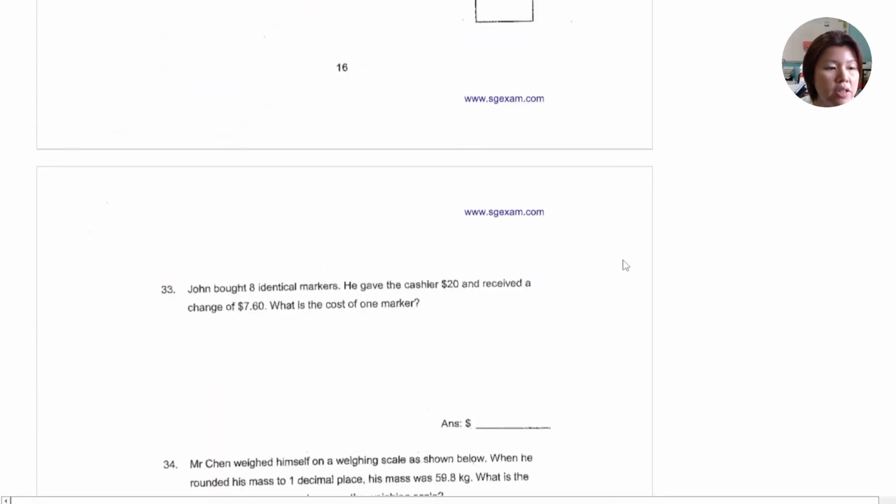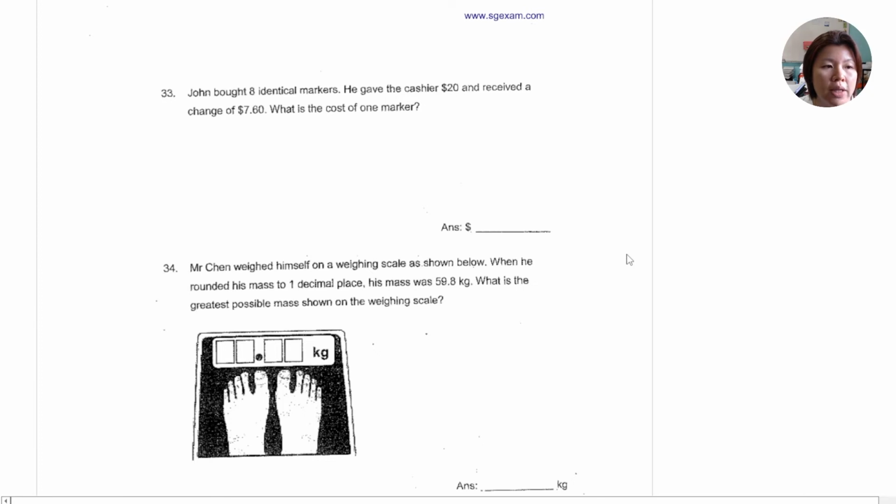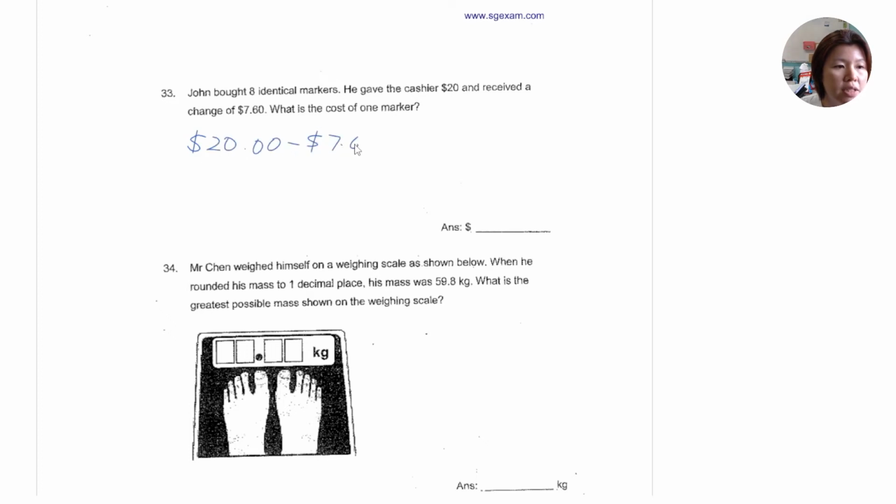Okay, let's move on. John bought 8 identical markers. He gave the cashier $20 and received $7.60. How much is 1 marker? So I can take $20 minus $7.60. In case you all don't know how to minus, I just show a short working.